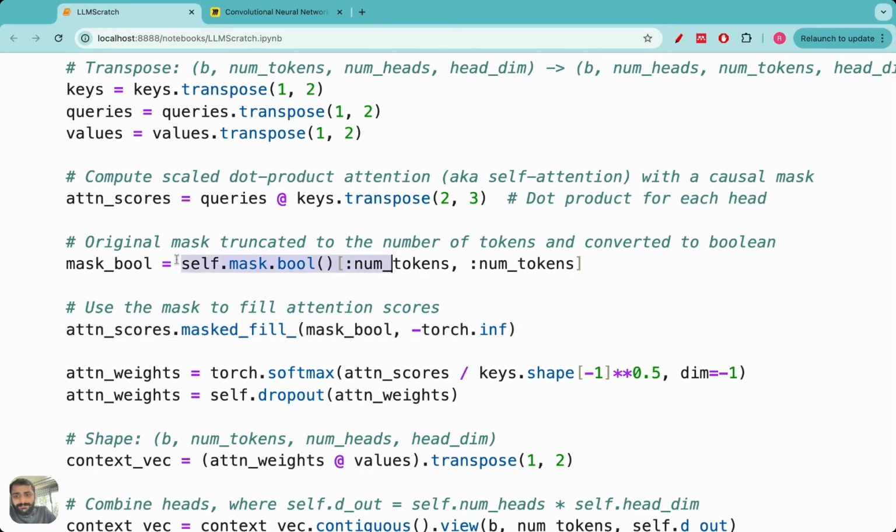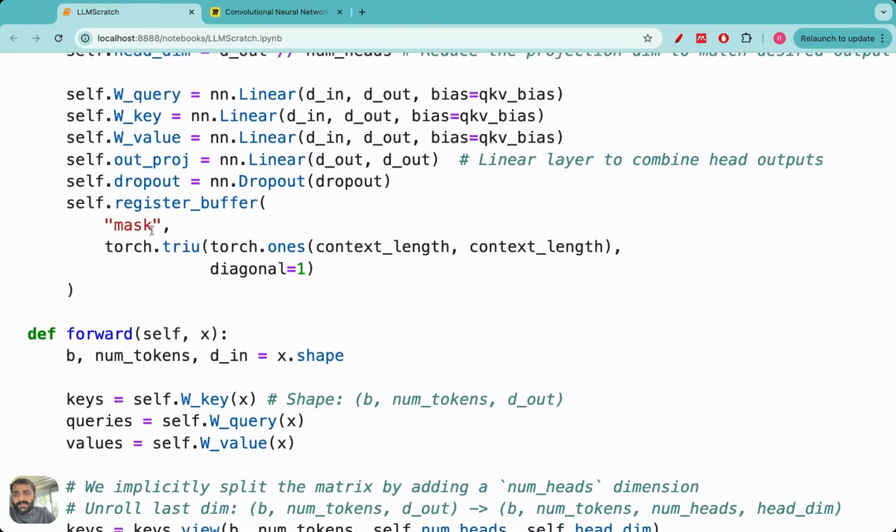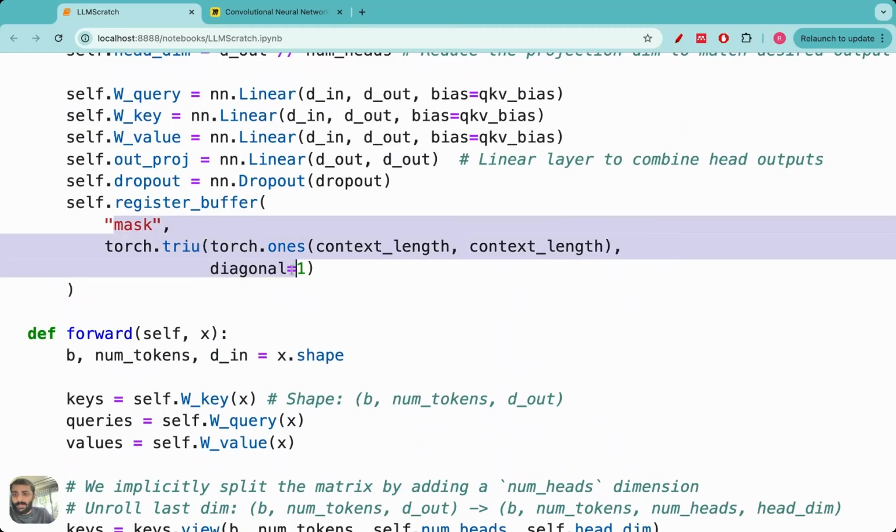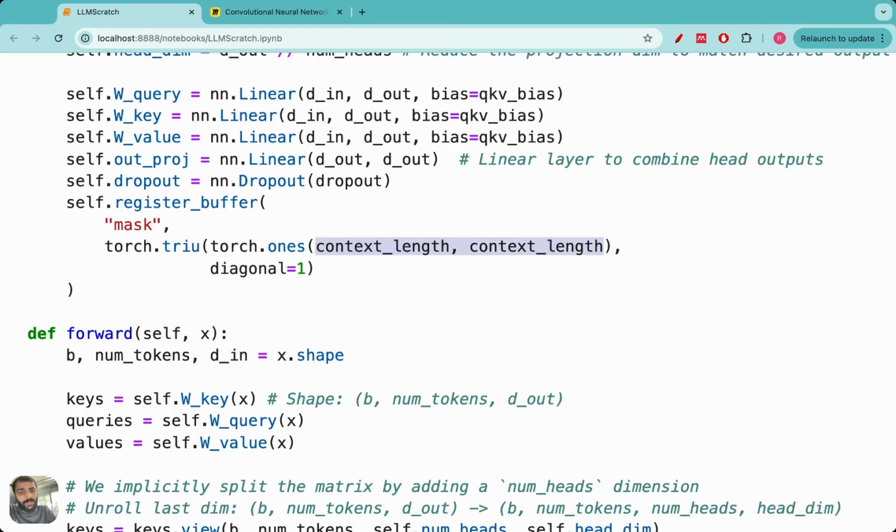Here the mask has also been defined over here. This is the upper triangular mask, where all the elements above the diagonal are 1. Then they are replaced with negative infinity, and that's applied to the attention scores. This will ensure that all the elements above the diagonal of the attention scores are equal to negative infinity. And we are only considering context length here. Why context length?